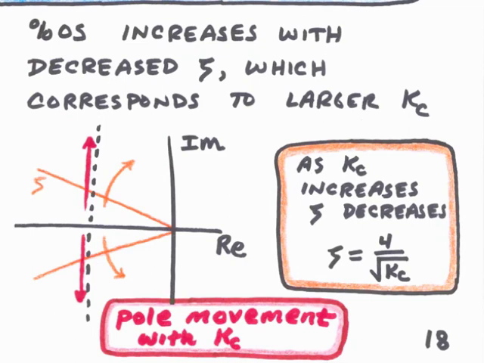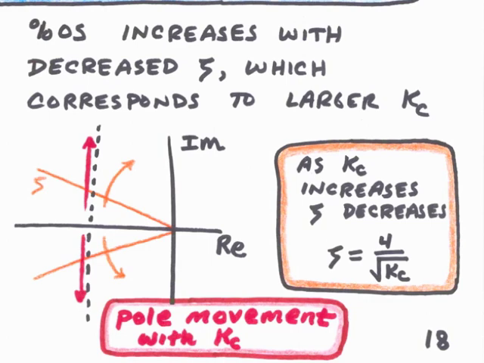As kc increases, the poles will move away from the real axis on the vertical dashed line shown, and in the direction of the red arrows. The real part of the poles will remain unchanged, but the imaginary part, omega d, will increase. As the poles move in this fashion with larger values of kc, we'll see changes both to omega d and also to zeta.